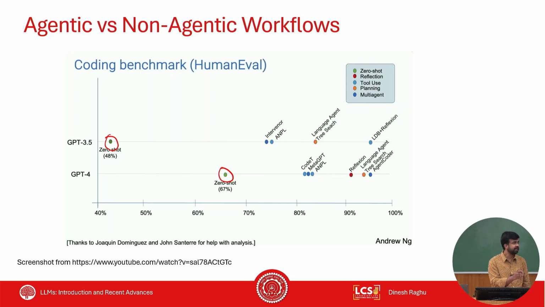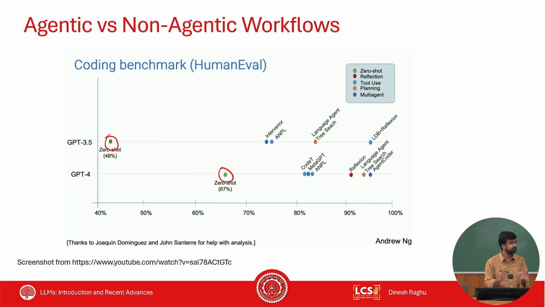So what they say here is that the boost that you get from GPT 3 to GPT 4, you would get a lot more boost if you just use GPT 3 in an agentic flow, right? It's just that you'll have to spend a lot more money in getting the output, because you might have to call the LLM 5-6 times, and the context might be pretty long.